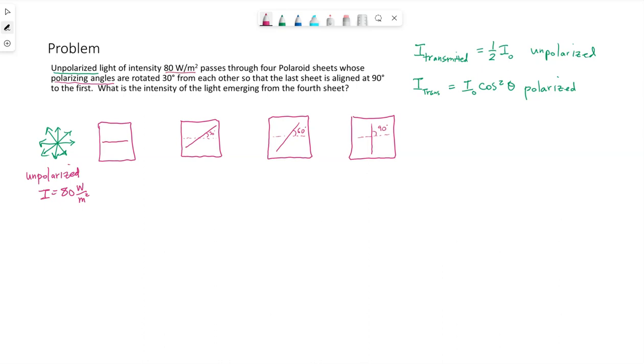As this unpolarized light goes through filter 1, the light that is transmitted, the light that comes through, is polarized, and it is oriented the same as the filter's axis. I'm going to call this intensity I1 because it has passed through filter 1.